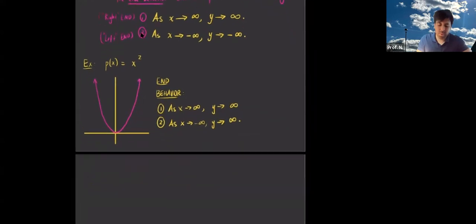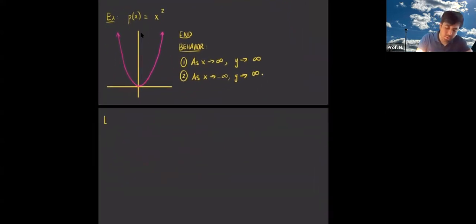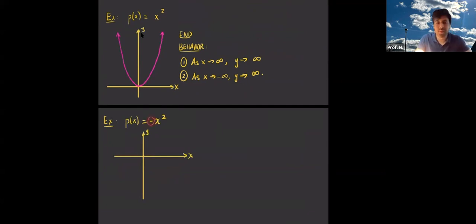Okay, so that was a quick one. Let me give you another one. What if I have the polynomial negative x squared? What does this look like? Well, remember, that negative here is a transformation. It's a reflection. So it will be just reflecting the parent function x squared. So we got something like this.